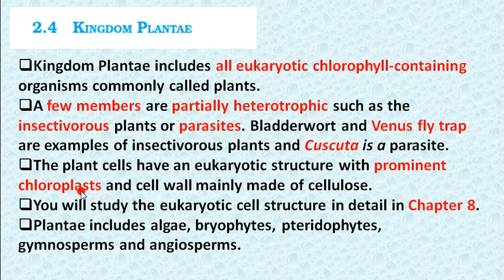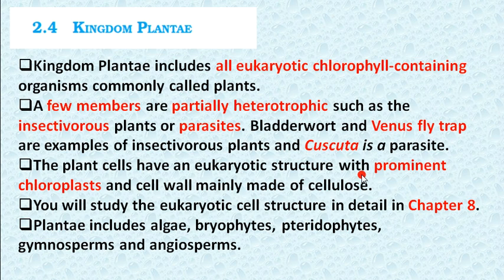Now the plant cells have a eukaryotic structure with prominent chloroplast. This is important because chloroplast is not present in animal cells. Chloroplasts are always present in plant cells, which is why they are green, as chlorophyll is present in chloroplast. The plant cell has a eukaryotic structure with prominent chloroplast and a cell wall mainly made up of cellulose.